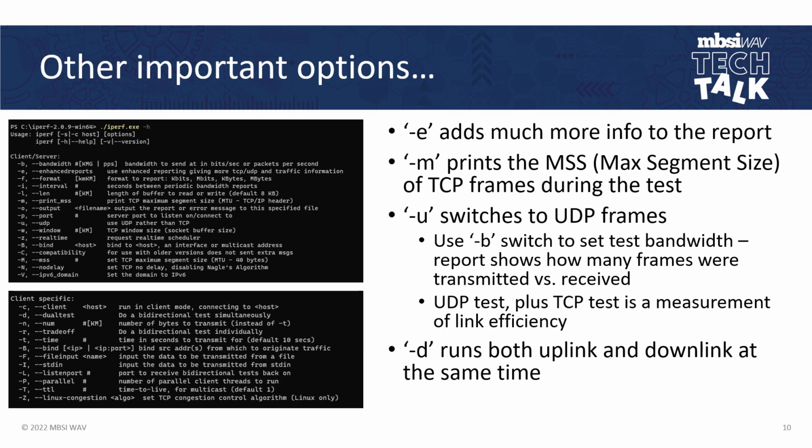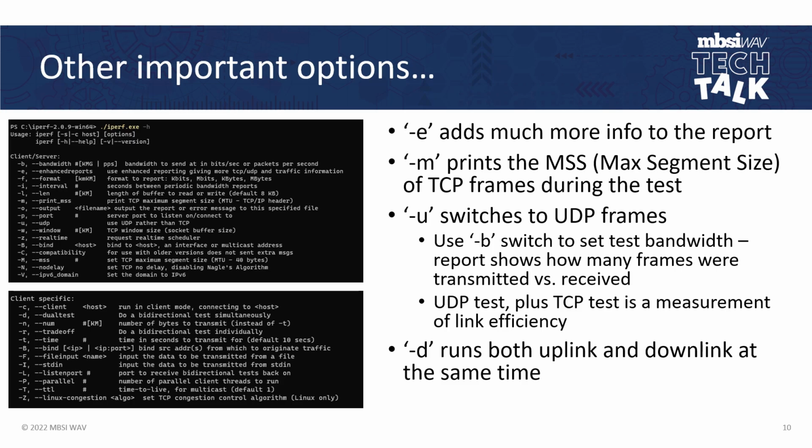On a wireless network, whether it be Wi-Fi or fixed wireless, one of the unknowns is the quality of the link. How many retransmissions? How much work is the forward error correction doing, and how successful is it? So the -m switch gives me an idea of the maximum segment size of TCP frames during the test.